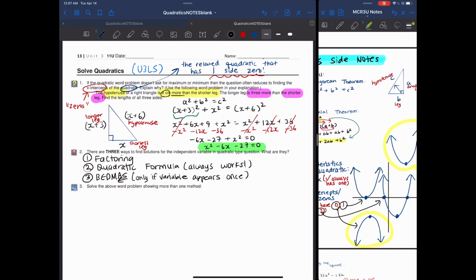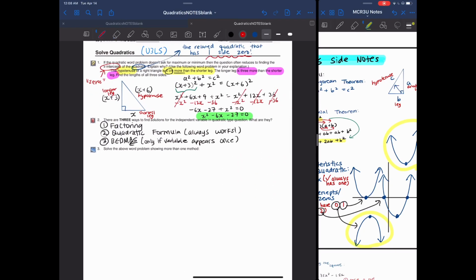In standard form, x's appear twice. Vertex form is the only method where x is by itself. Let's say this is a typical vertex form, right? X is by itself. That's what I mean by that. And then you would go BEDMAS backwards, meaning move that over, etc. But we're going to go through this question, so no need.